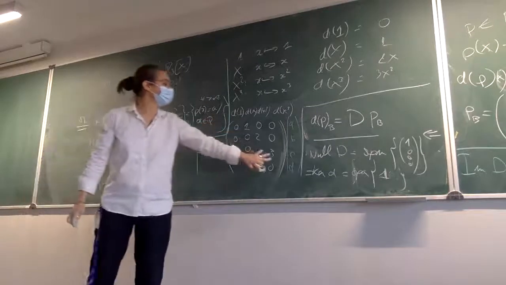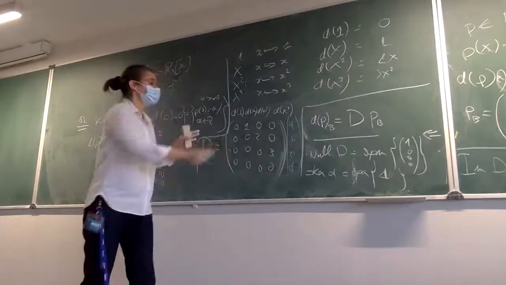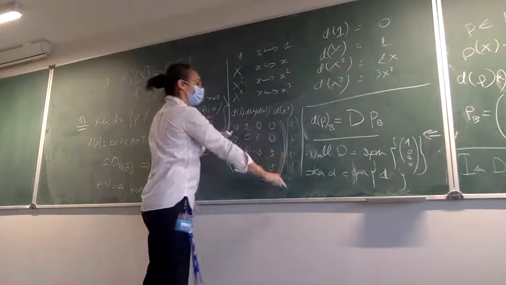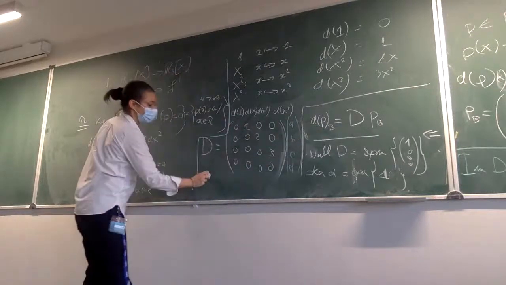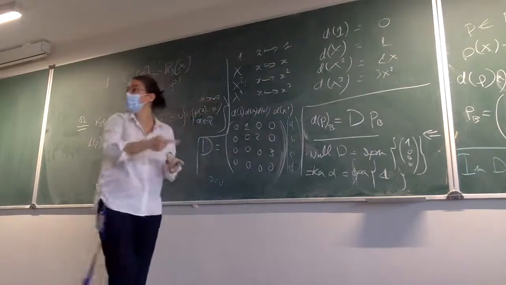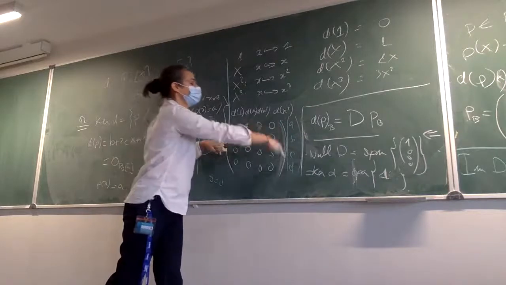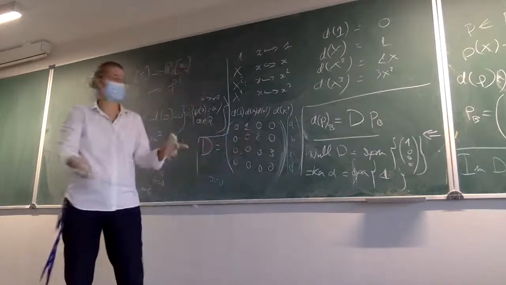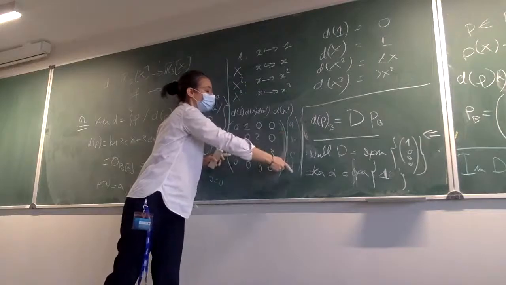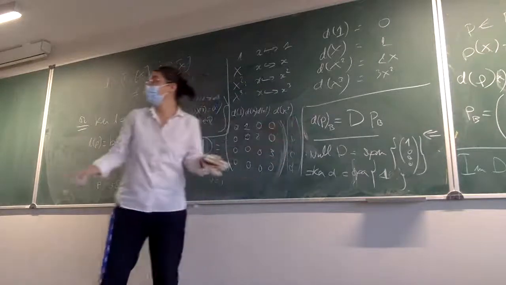It's already nearly diagonal, so just read it. The first row times this vector makes B equal to 0. Second one, you get 2C is equal to 0, so C is equal to 0. And third one, you get 3D is equal to 0. And the last row doesn't give you any information.